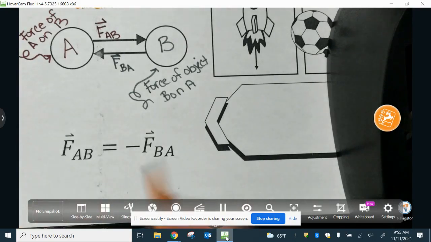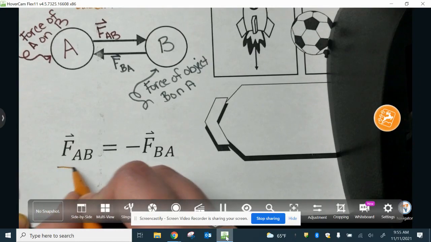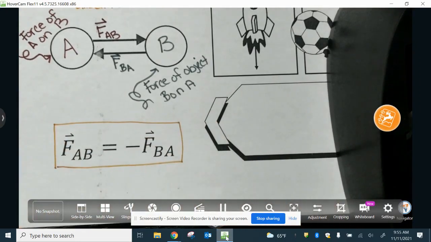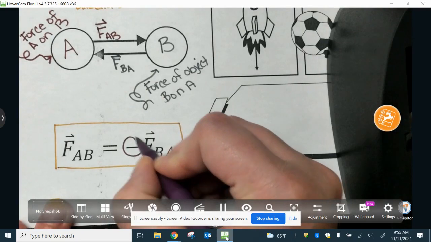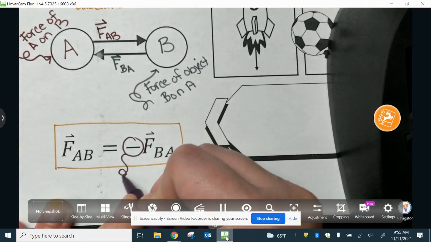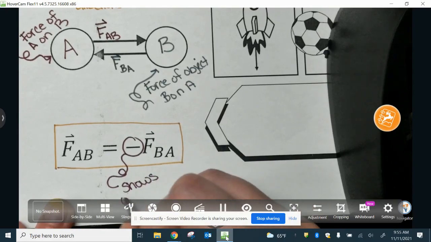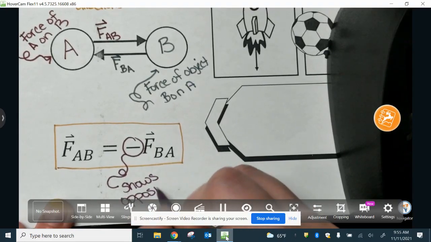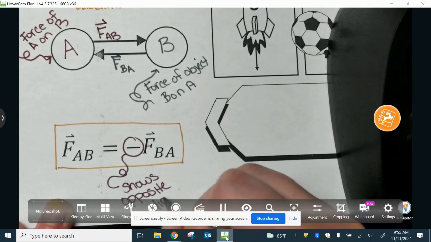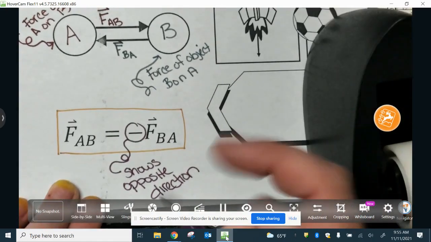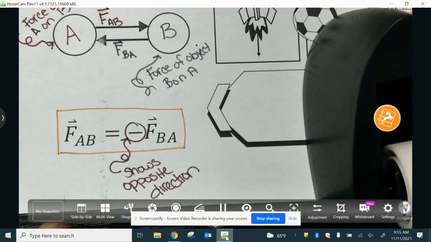So what you end up with is an equation like this. So why is it negative? Our negative there shows an opposite direction.